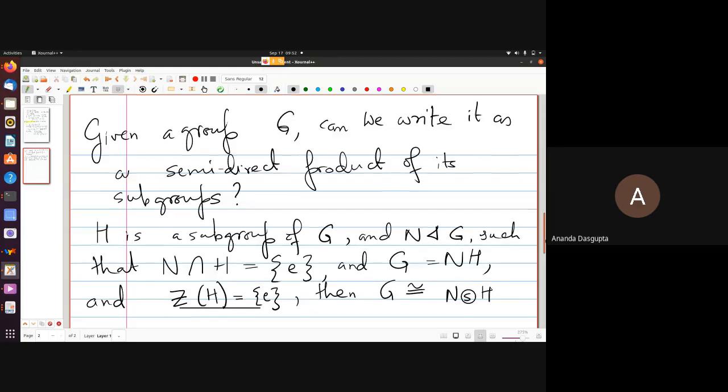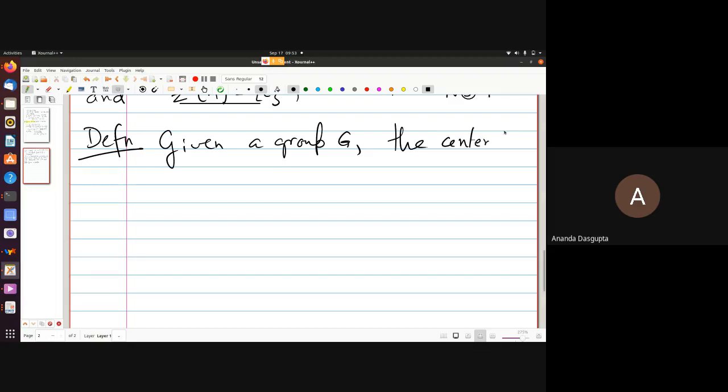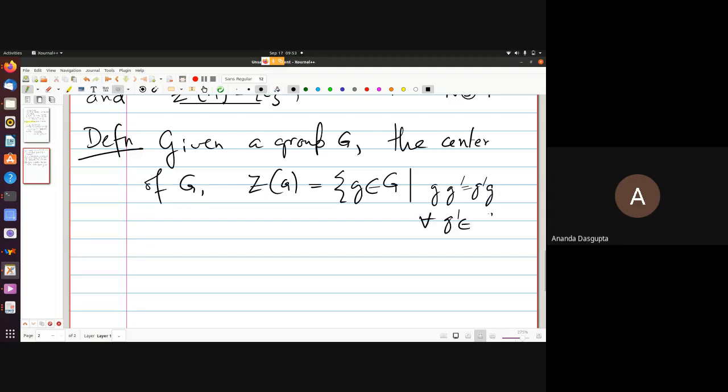Z of H is called the center of H, or the set of all elements in H which commute with everything else in H. So, any group G. Definition: given a group G, the center of G, denoted Z(G), is simply those elements g of G such that g'g = gg' for all g' belonging to G.